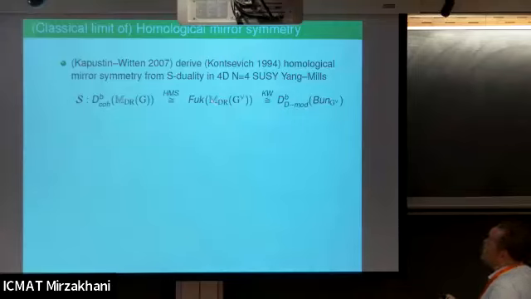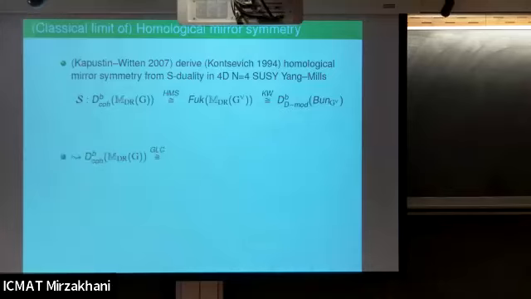Anyway, they make some physical arguments to say that this category should also be equivalent with the category of D-modules on the, well, now they actually move to stacks, over stacks of G-check bundles on the curve.